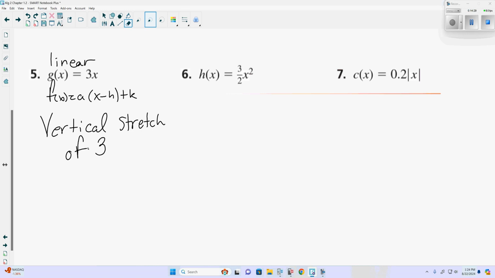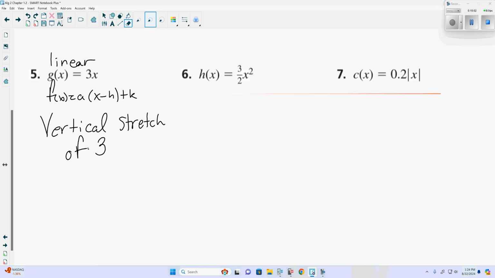Because the transformations we've had so far are vertical stretch or shrink, reflection across the x, horizontal translation, and vertical translation. K is our vertical, our up-down. Well, there's nothing being added to it, so there is no up-down. Inside parentheses would give us left-right. There are no parentheses, so there is no left-right. The A value is not negative, so there is no reflection across the x, which leaves us with just the 3. So that is the only transformation. It's just a vertical stretch of 3.